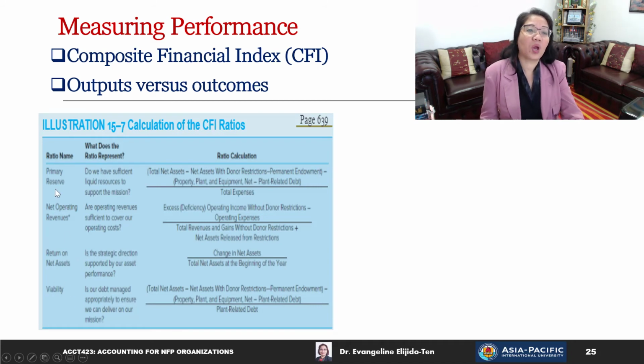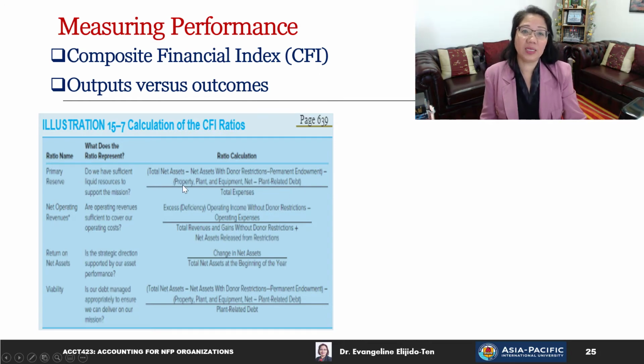So what are primary reserves? This ratio answers the question, do we have sufficient liquid resources to support the mission of the entity? And the calculation is provided there.